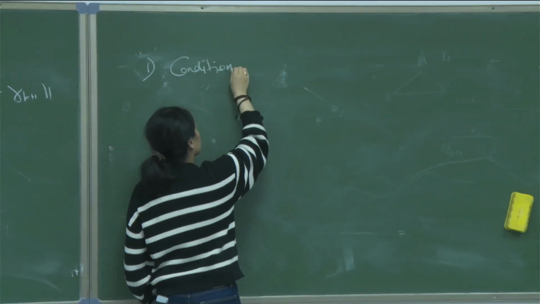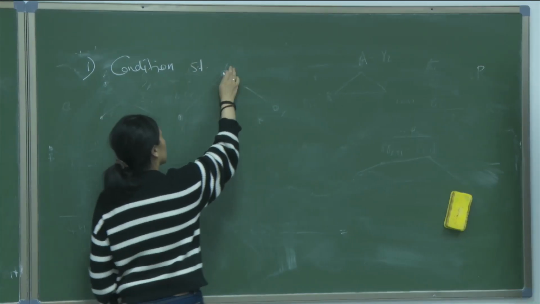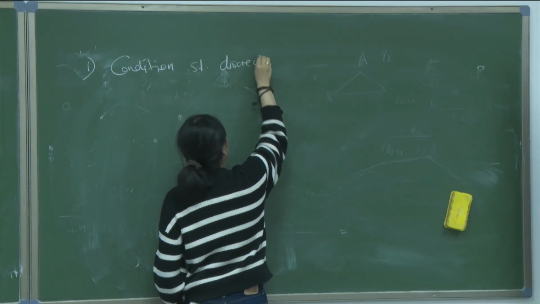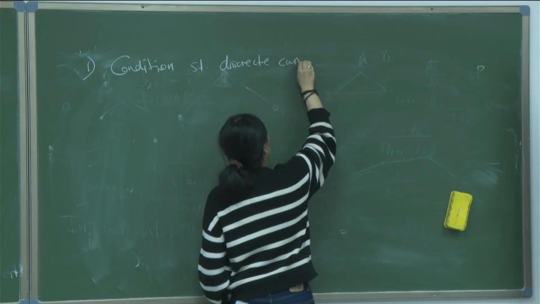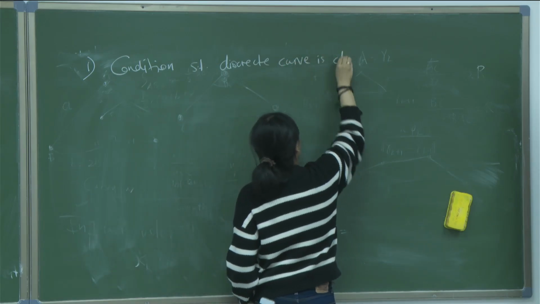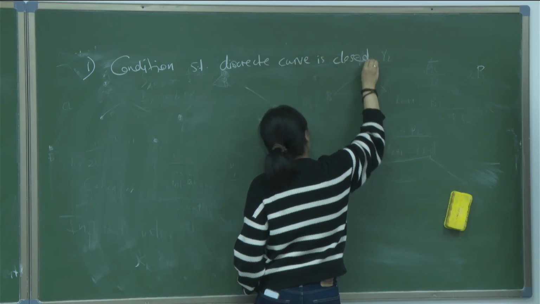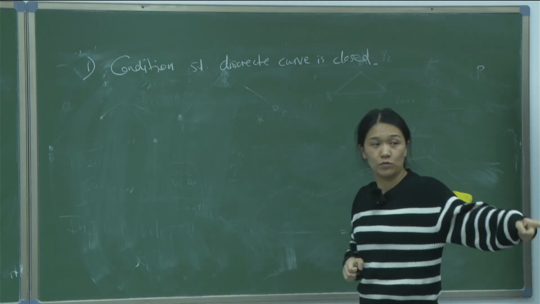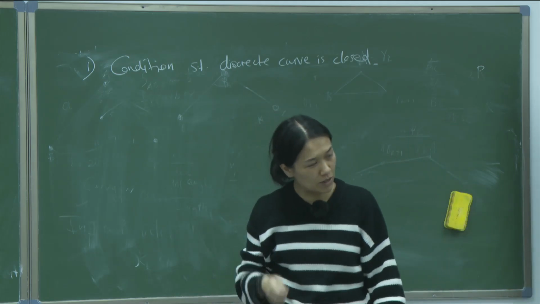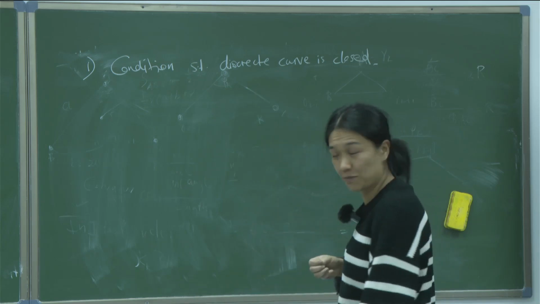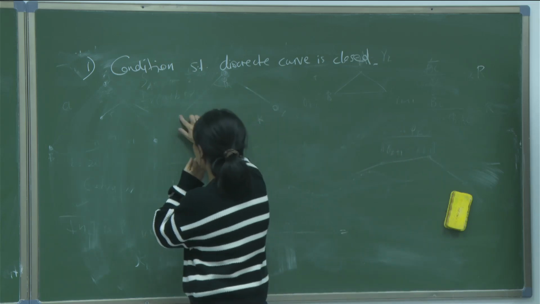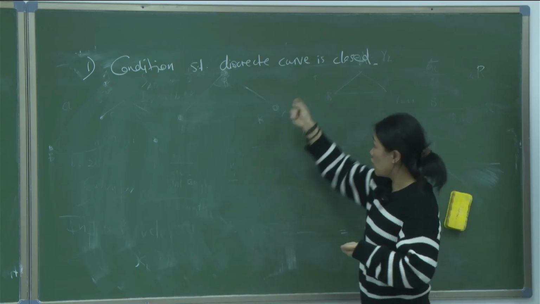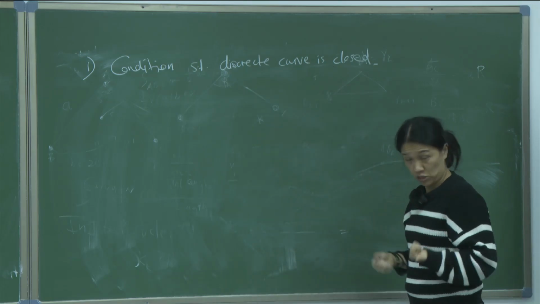We need a condition such that a discrete curve is closed. If we would do that with your toy, I'm not sure how much of the toy is left yet, but if you want to make a discrete curve close up, what are the conditions that it can actually close up?